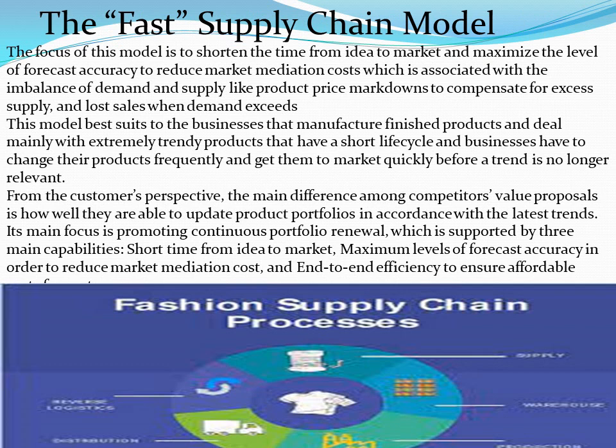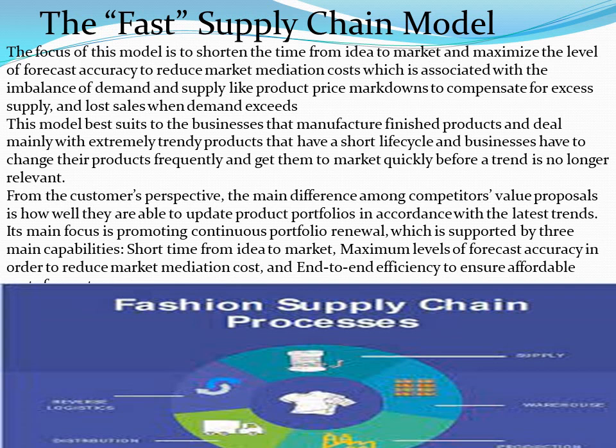The next model we are going to talk about is the fast supply chain model. The focus of this model is to shorten the time from idea to market and maximize the level of forecast accuracy to reduce market mediation costs, which is associated with the imbalance of demand and supply, like product price markdowns to compensate for excess supply, and lost sales when demand exceeds.